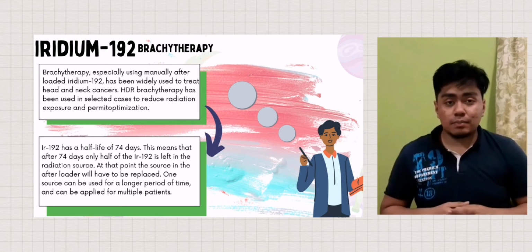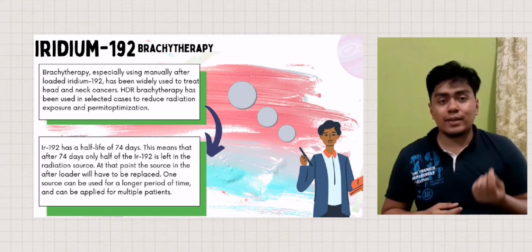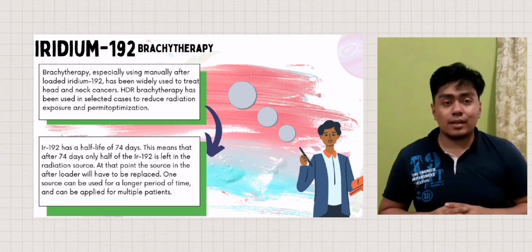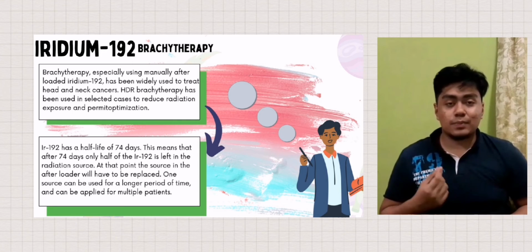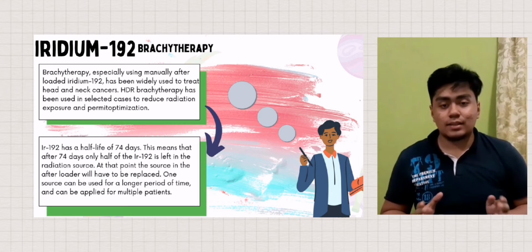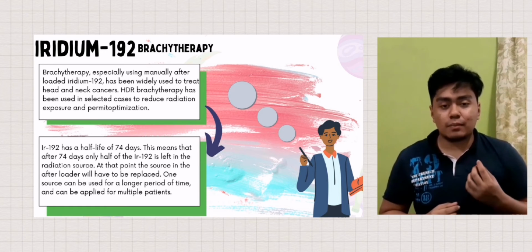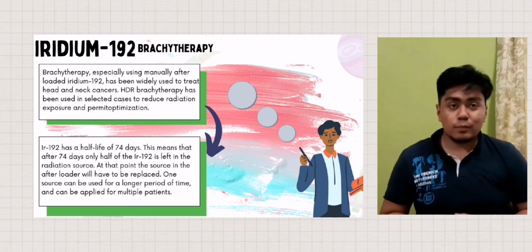Besides, brachytherapy, especially using manually afterloaded iridium-192, has been widely used to treat head and neck cancers. HDR brachytherapy has been used in selected cases to reduce radiation exposure and permit optimization.